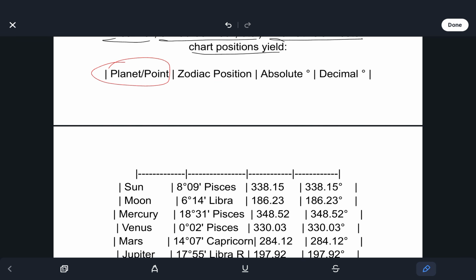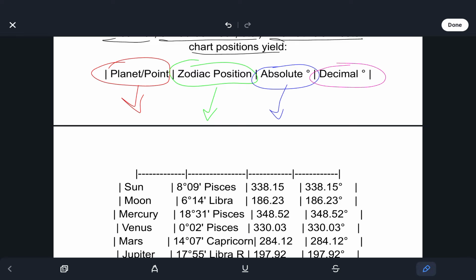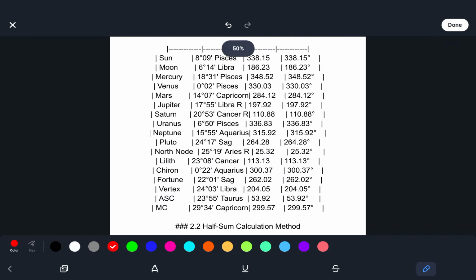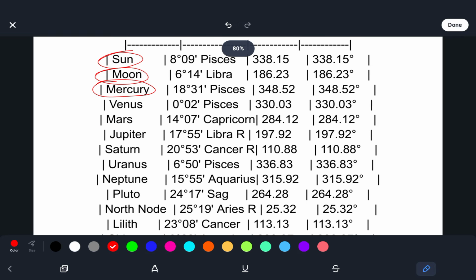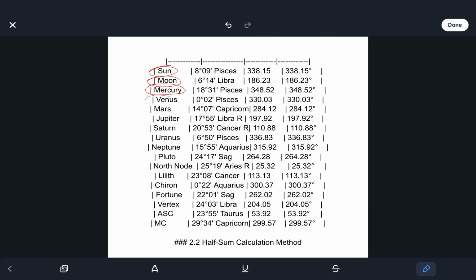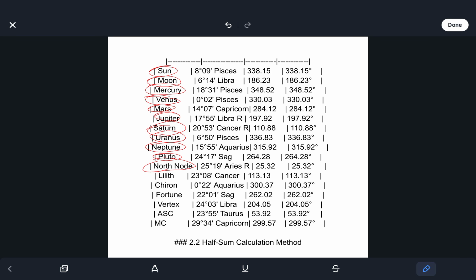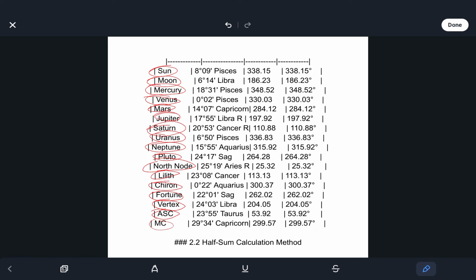We're going to look at the planet point, the zodiac position, the absolute degrees, and the decimal degrees. So we see Sun, Moon, Mercury, Venus, Mars, Jupiter, Saturn, Uranus, Neptune, Pluto, Rahu, Lilith, Chiron, Fortune, Vertex, Ascendant, and Midheaven.